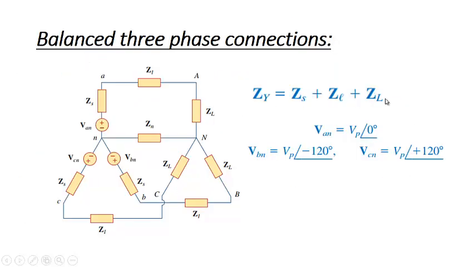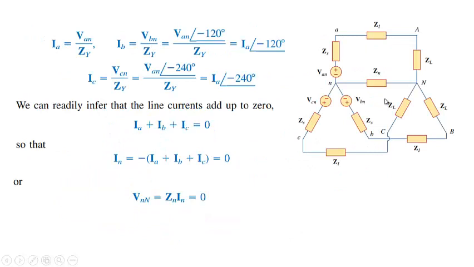Now IA will be equal to VAN divided by ZY, where ZY is the summation of the impedances. So IB will be equal to VBN by ZY, which is VP at an angle of 0 divided by ZY, or IA at an angle of 0, where IA is equal to VP divided by ZY.